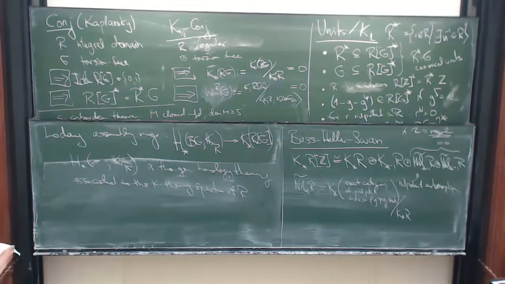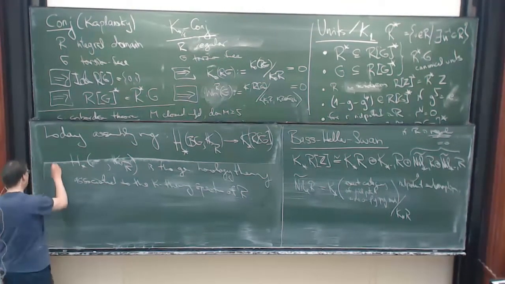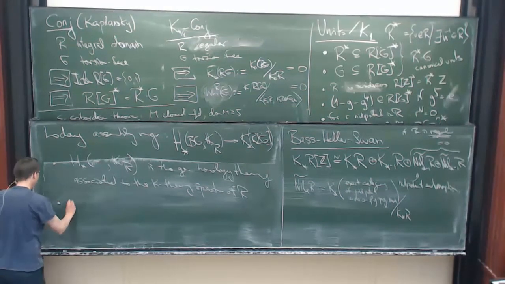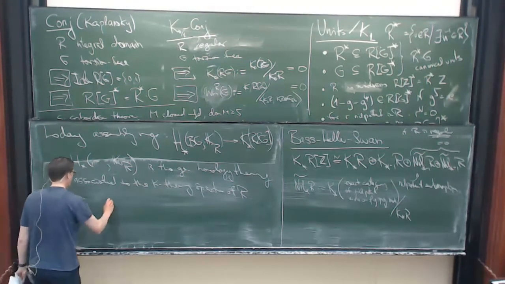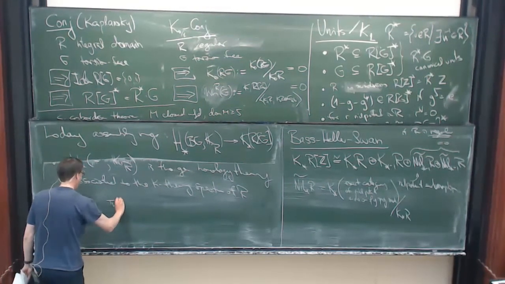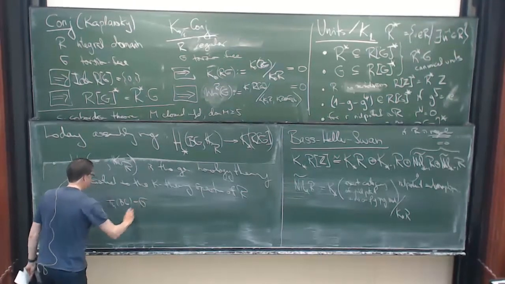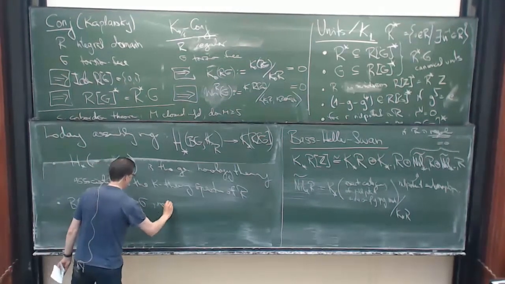This is the homology, and then BG is the CW complex characterized by pi 1 of BG being G and no other homotopy groups.